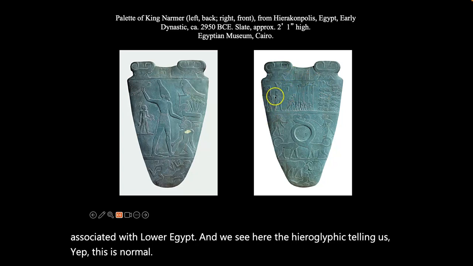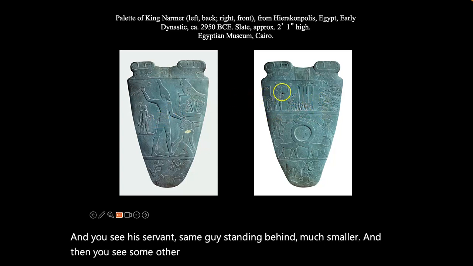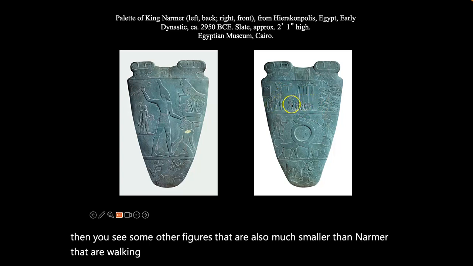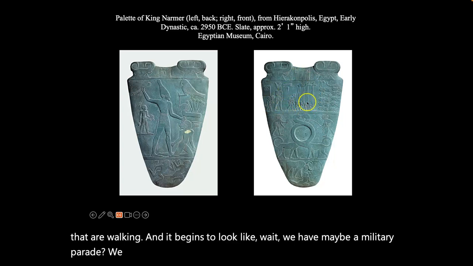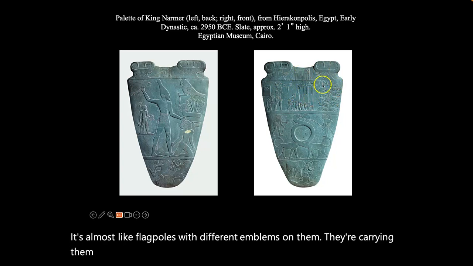And you see his servant, same guy, standing behind, much smaller. And then you see some other figures that are also much smaller than Narmer that are walking, and it begins to look like, wait, we have maybe a military parade. We have figures holding standards. These would be almost like flagpoles with different emblems on them. They're carrying them in procession towards these figures here.